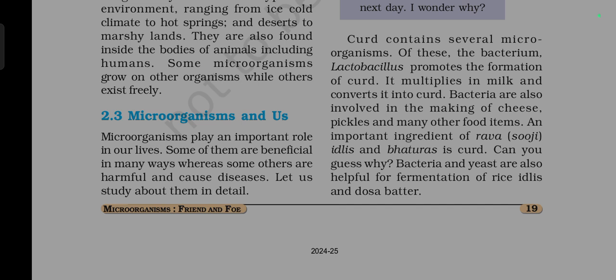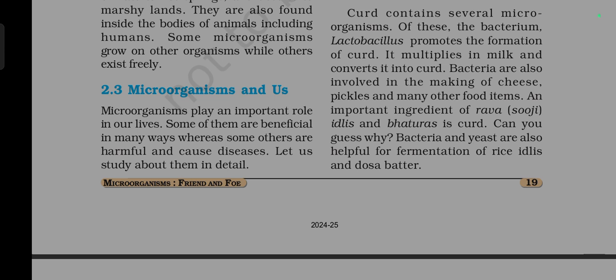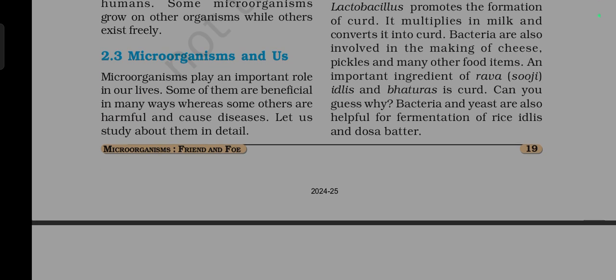Bacteria and yeast are also helpful for fermentation of rice, idlis, and dosa batter. Can you write the name of dishes in which your mother or inside your house yeast has been used?